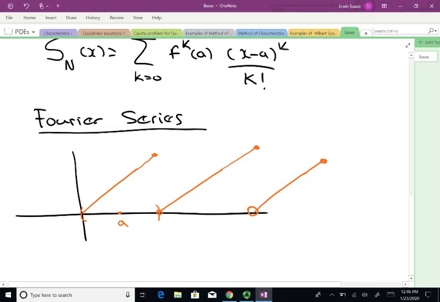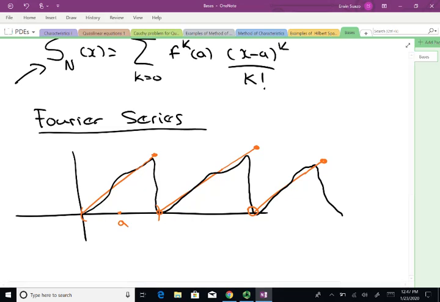We're going to find a sum, a series of functions such that the first one might not go really well, but probably the second one does. The second one might look something like this. It's not exactly the same, sorry, it's not perfect, because I'm just using an approximation of second order, two derivatives.